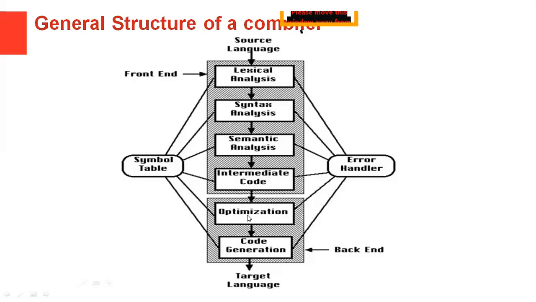For example, we write a = b + c * d. In three address code we write t1 = c * d, and then a = b + t1.